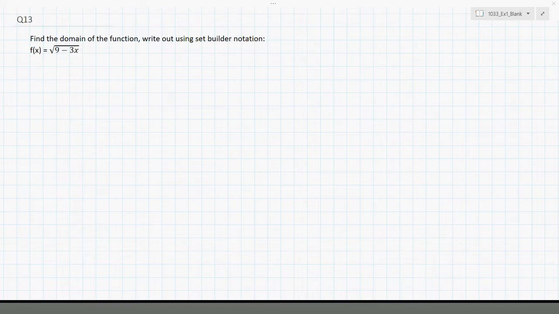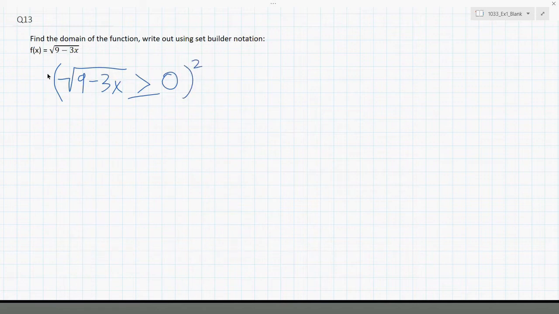As a square root function, we will simply set this item, 9 minus 3x, as greater than or equal to 0, because it has to be positive. Then we can do this fun little fact where we square both sides. The squaring will cancel out the square root, and 0 squared is 0.